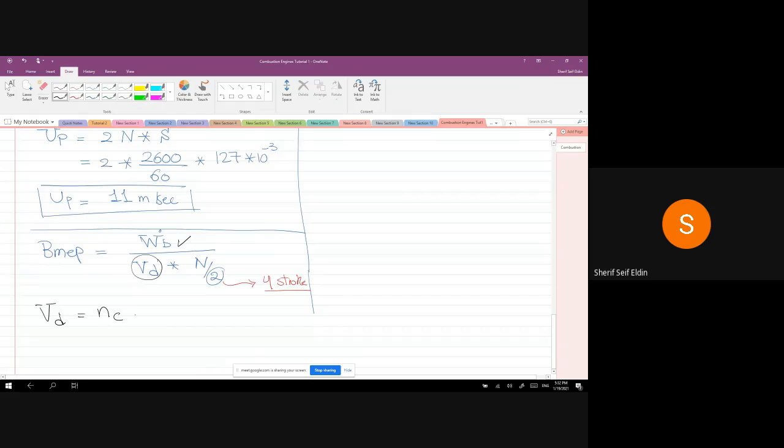It is the number of cylinders multiplied by the volume of the cylinder, which is the area of the circle multiplied by the stroke length. So number of cylinders 12, pi over 4, D squared.